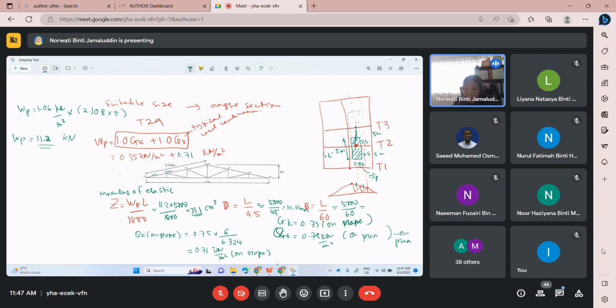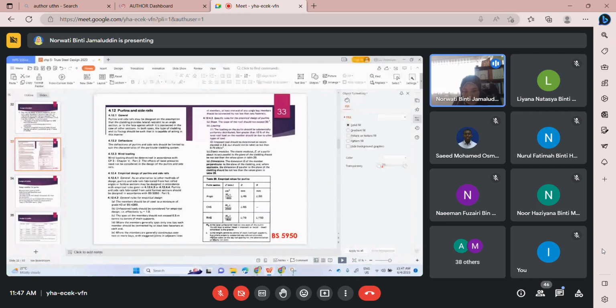So if we use set rod here, L is the center to center of the main vertical support. In this case, the main vertical will be the trusses. But where properly supported set rod are provided, it may be taken as the set rod spacing for the determination of B only. Only B will involve.